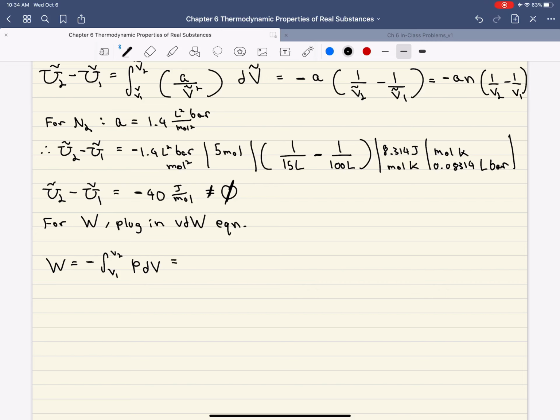All right, and here I'm actually going to rewrite this in terms of molar volume just to make the math a little bit easier. So to do that, we pull out the moles from dV so that we get N P d molar V. Okay. All right. So now let's plug in the van der Waals equation of state.